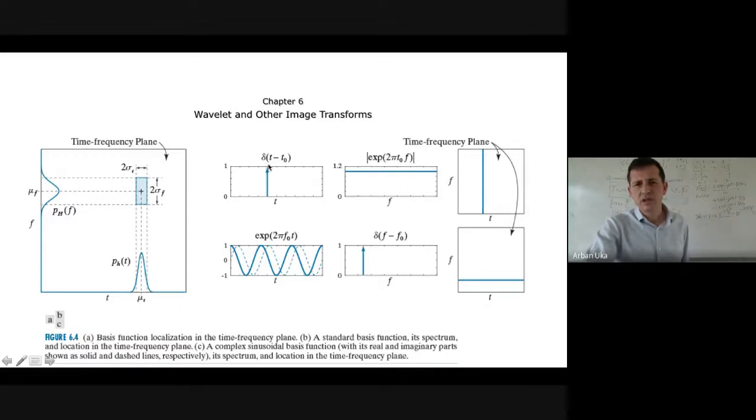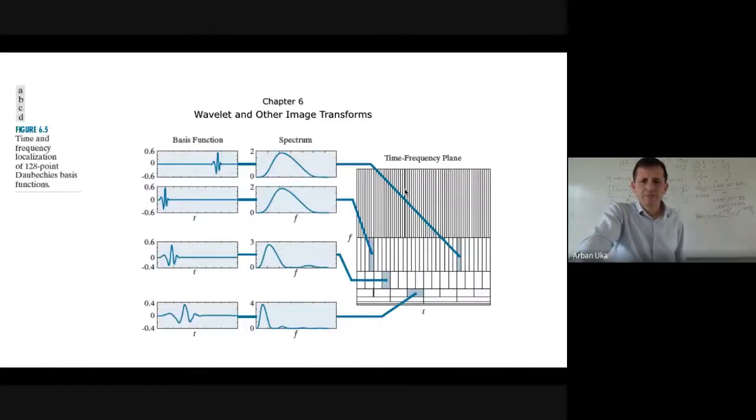It covers the whole frequency axis. Then these are a couple of representations of how a specific function is decomposed using Daubechies' basis function. Daubechies is a specific wavelet, which you can assume should look like a sine or a cosine.